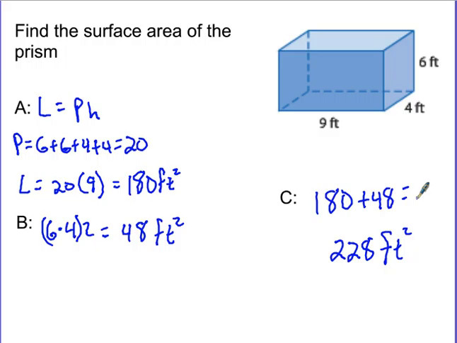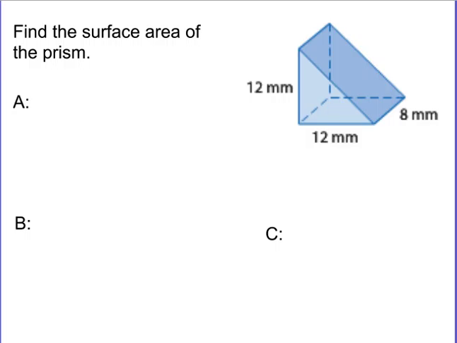Okay? Last example, we'll do the same 3 steps here. Find the surface area of the prism. Part A, we need to find L. L is P times H. And so it's a right triangle.